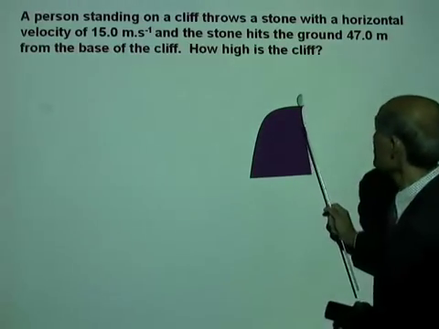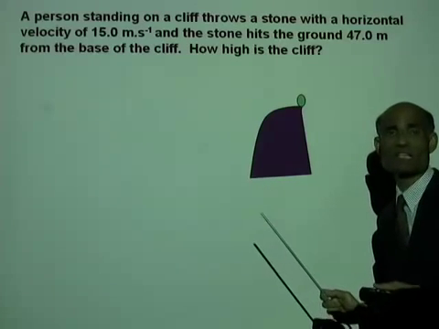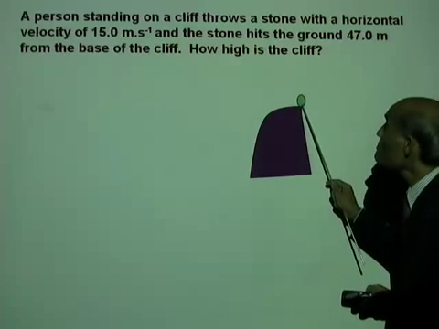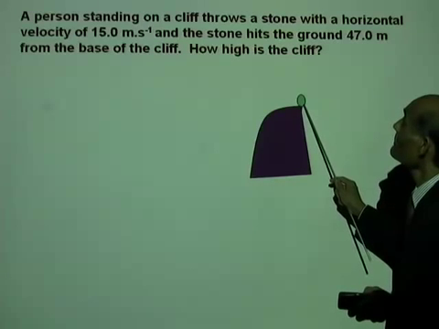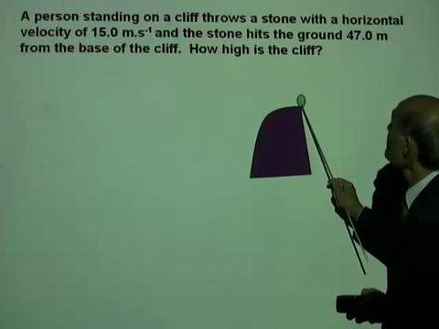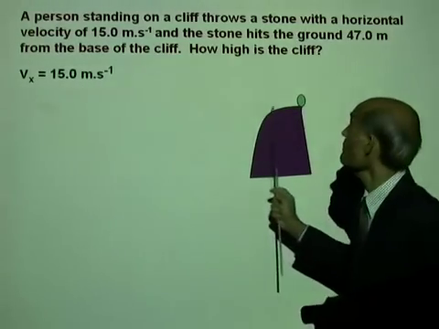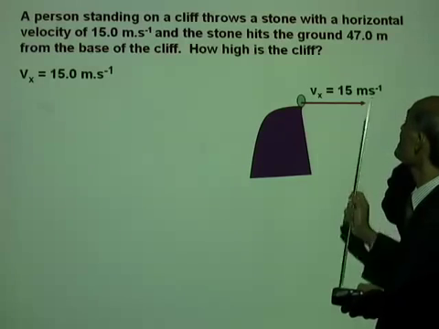Okay. Now, here is the cliff. Well, I did a poor job of drawing a cliff, but it's okay. And the stone is thrown, that wicked boy, I think, threw the stone from the top of the cliff with a velocity of 15 meter per second.